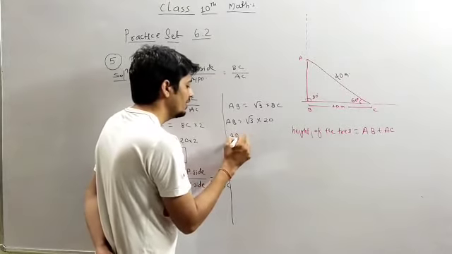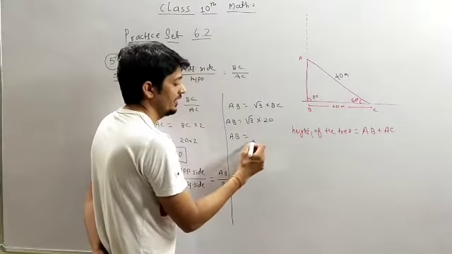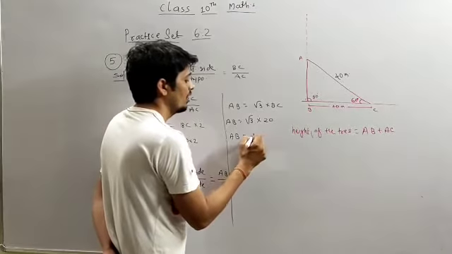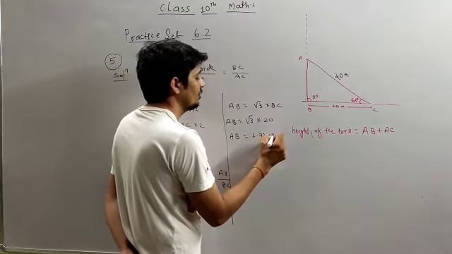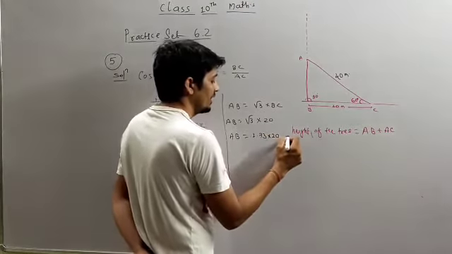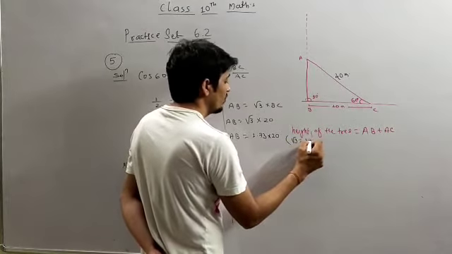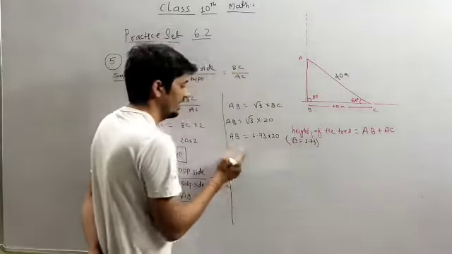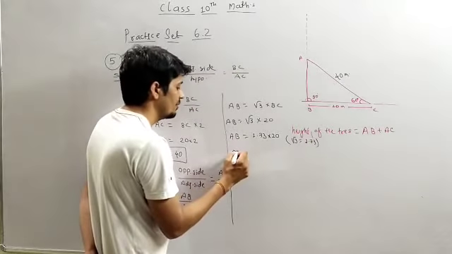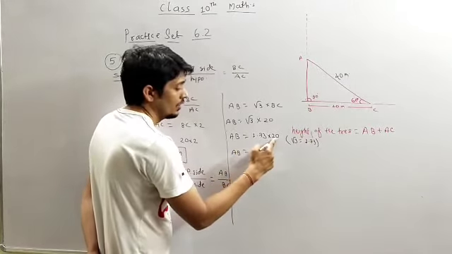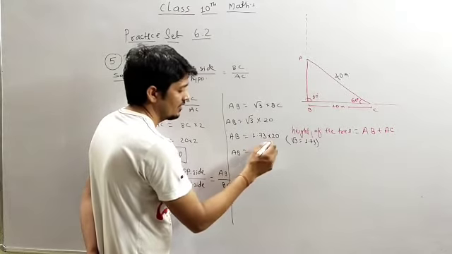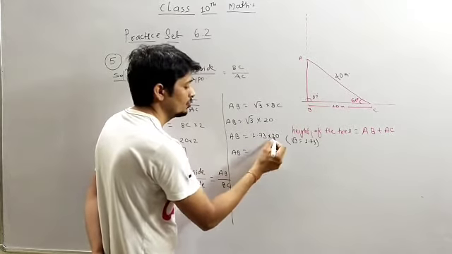So AB equals to, what is root 3? Root 3 is 1.73 into 20. So here you have to write in brackets root 3 equals to 1.73. Okay. So now multiply. AB equals to 23, see, 0 we will write first, now we will multiply by 2.